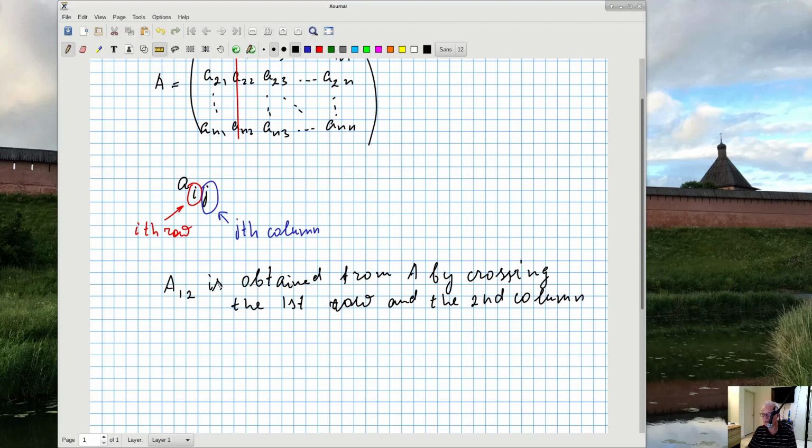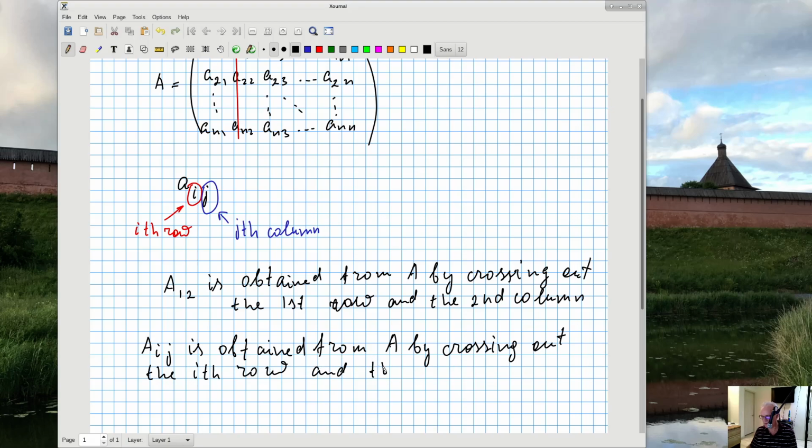I can introduce this notation: A_ij is obtained from A by crossing out the ith row and the jth column.